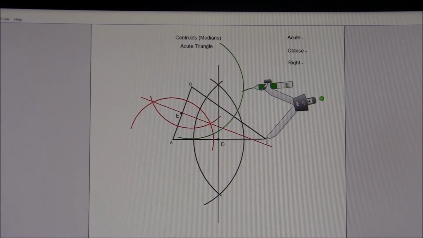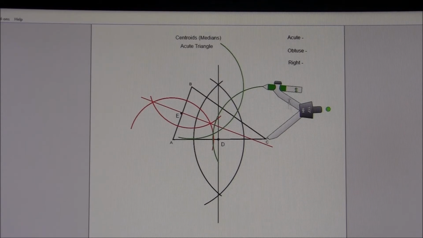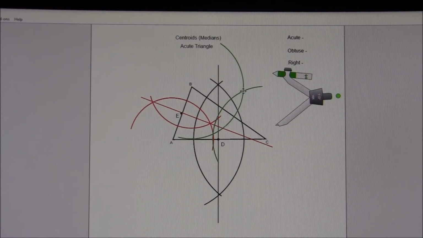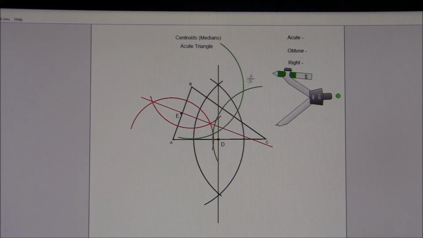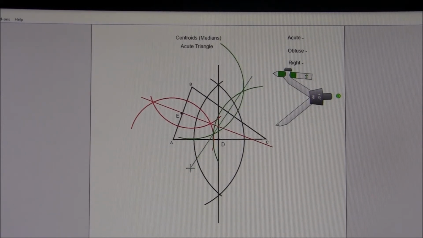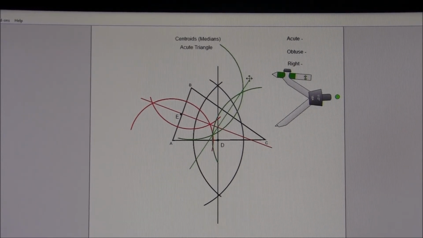You'll see some nice, interesting things coming out of all this. Alright, so here's the point. Let's do this green. As you see, this is where they still intersect on the inside.